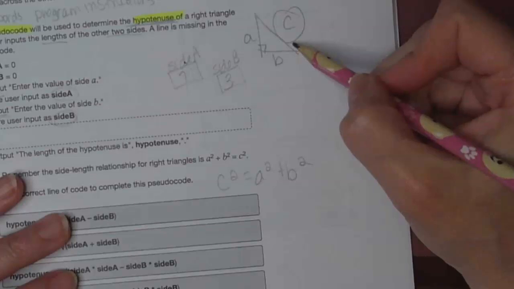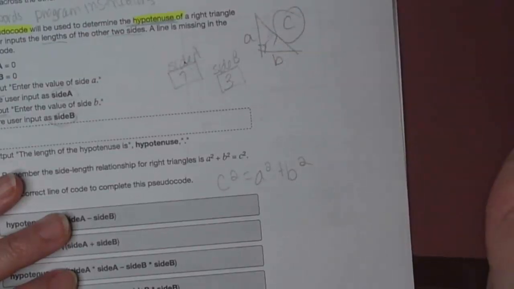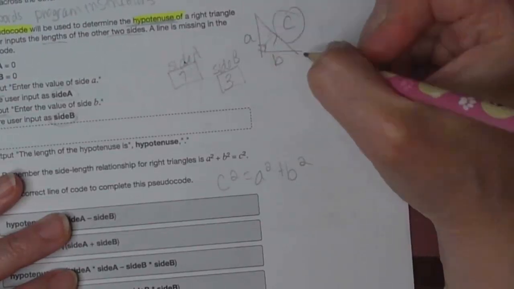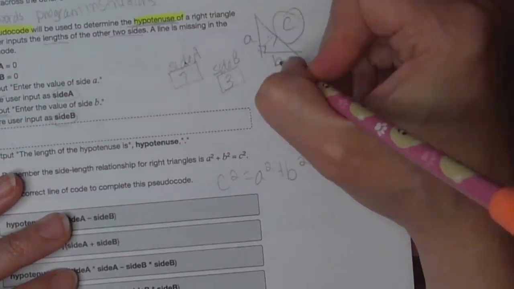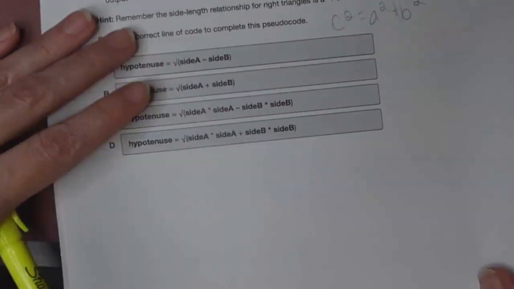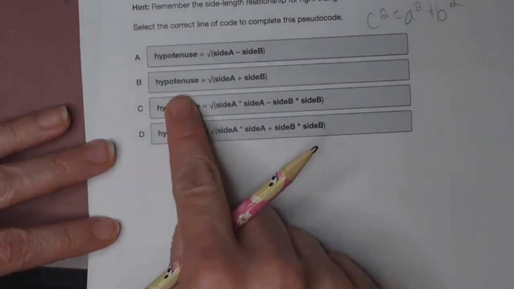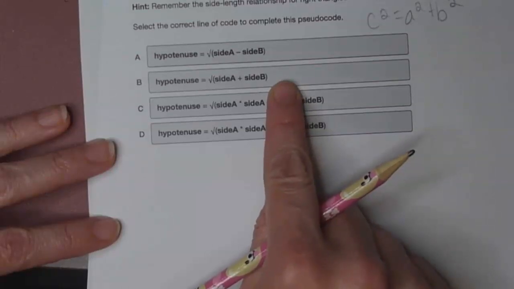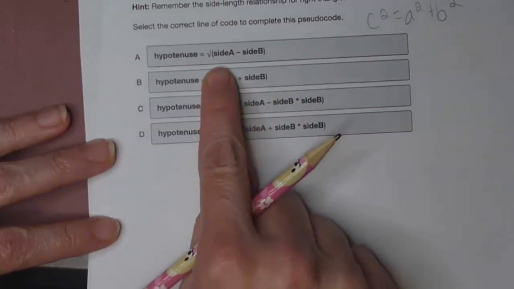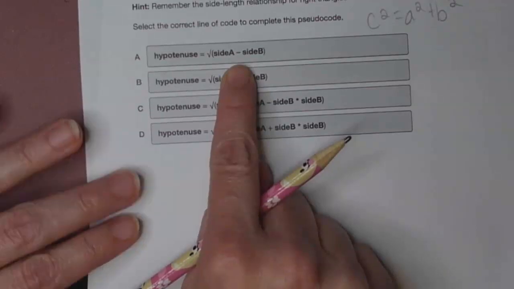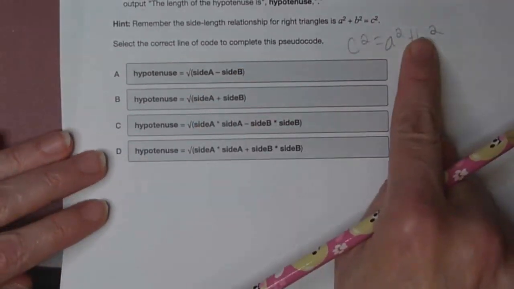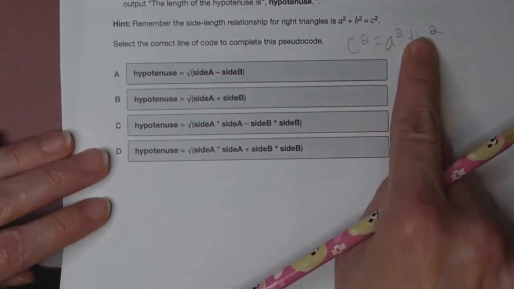This long side, the one that's always across from the 90 degrees, is called your hypotenuse. And it's just these 2 numbers squared, added, and then you take the square root of it. So now we have to figure out which one of these would actually be represented by that. So it's definitely not going to be just side A minus side B. No, that's definitely not going to work, right?